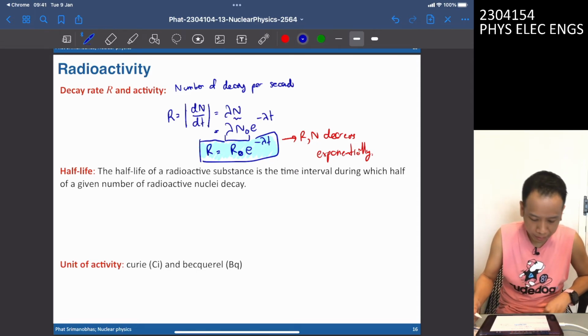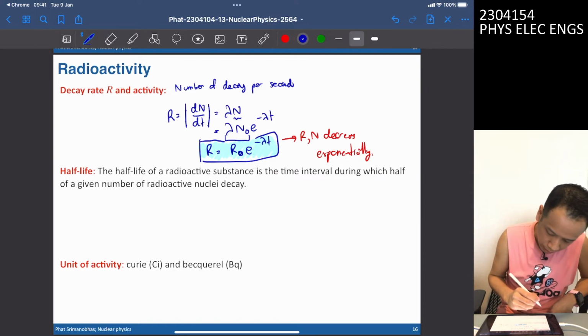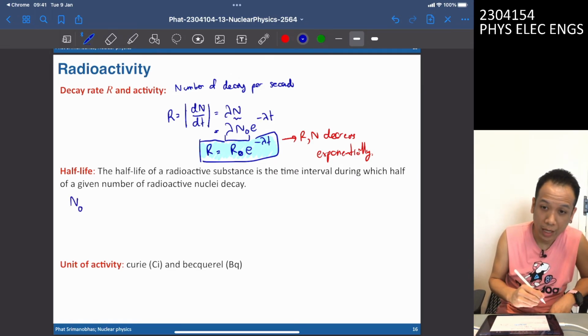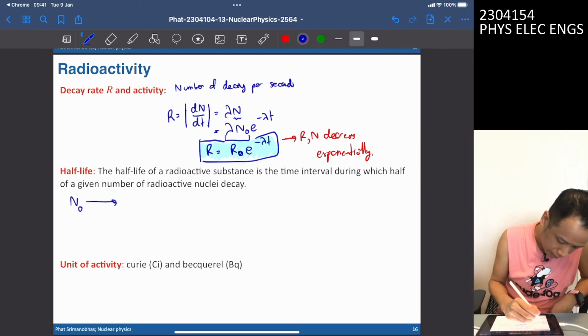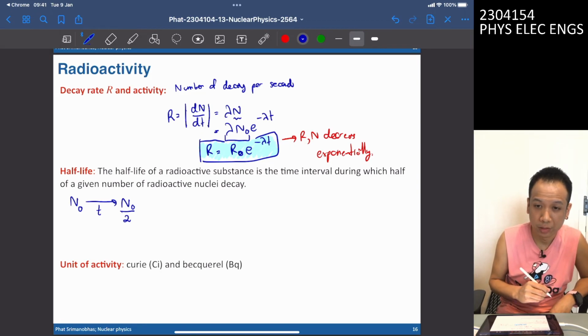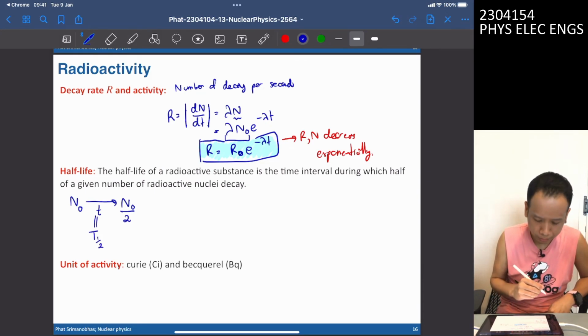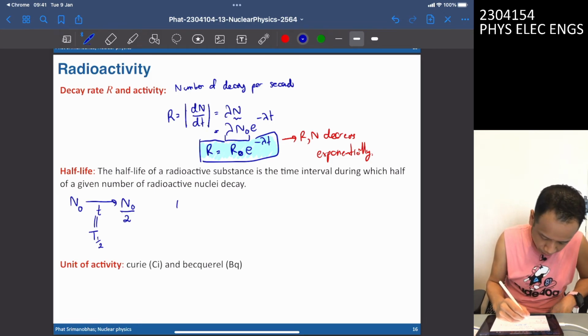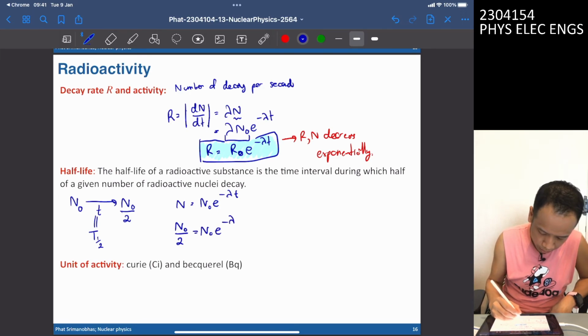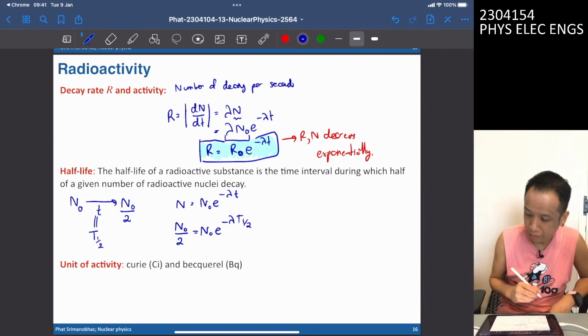Next, the half-life. We are talking about a situation when you start from N0 nuclei and time passes, and you have half of the original amount remaining. We label this time as t half. Starting from N equal to N0 e to the power of minus lambda t, you can put N equal to N0 over 2, so N0 over 2 equals N0 e to the power of minus lambda t half.